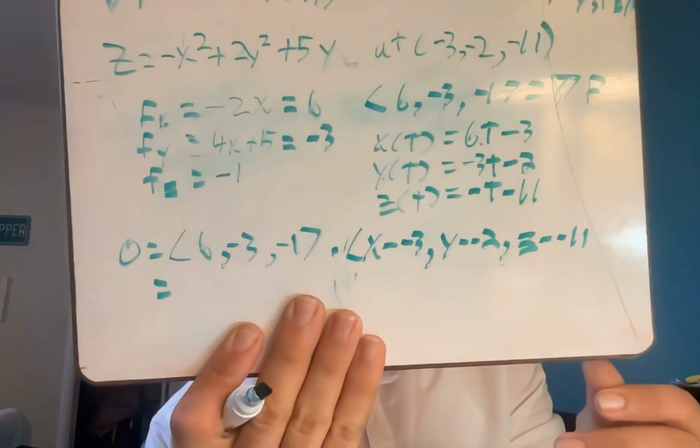Solving that, let me show you my work there. What you need to do is the dot product. So you get 6x plus 18, minus 3y, minus 6, minus z minus 11.